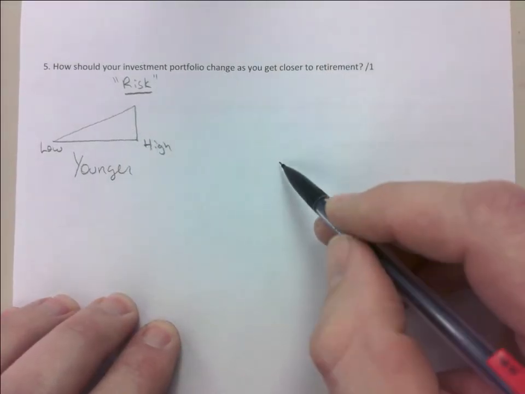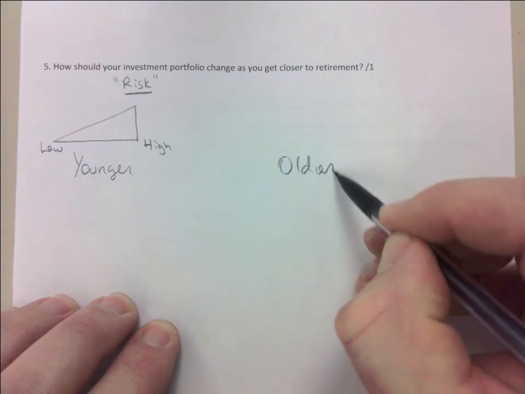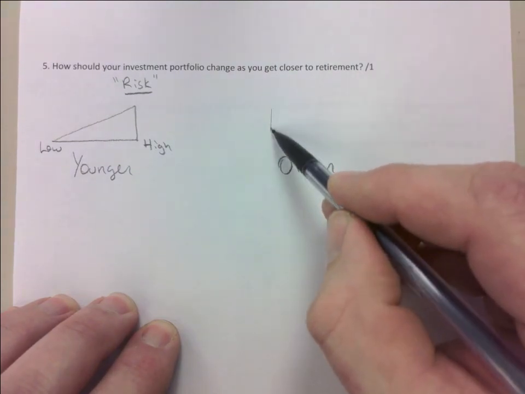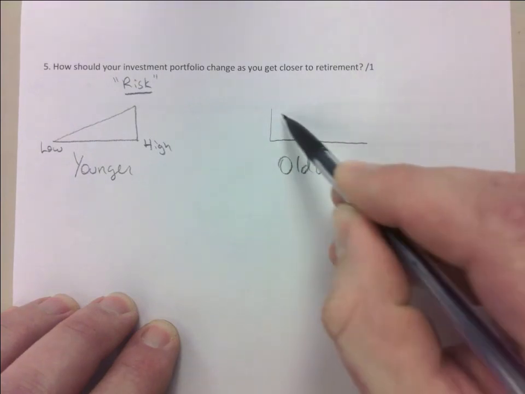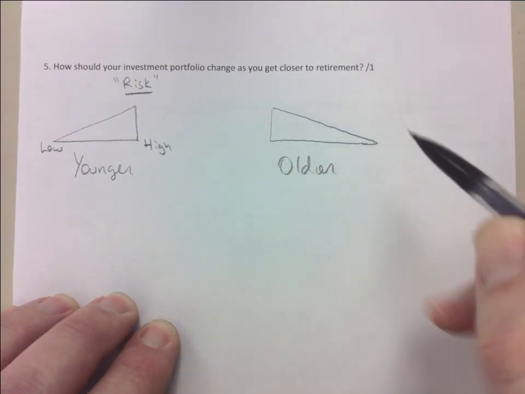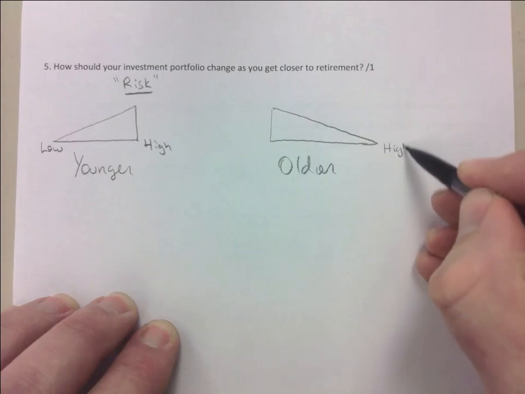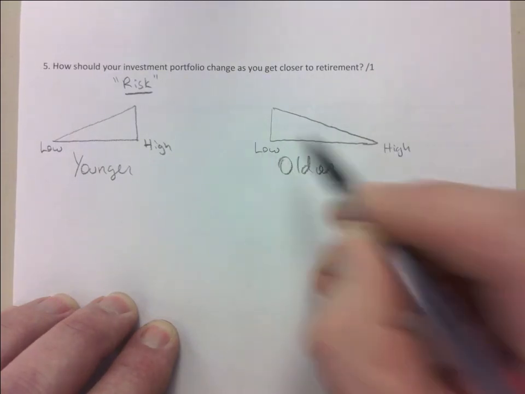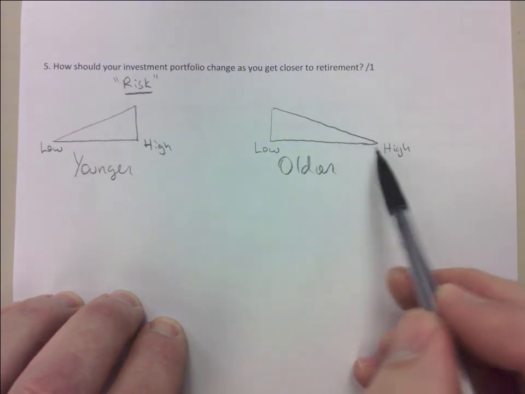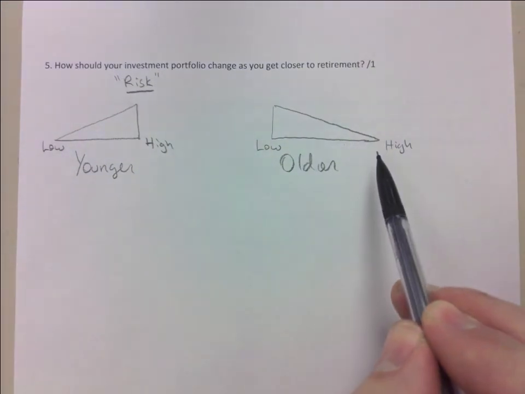When you're older, your portfolio should look a little bit more like this. Meaning you should probably not have a lot of your money in the stock market.